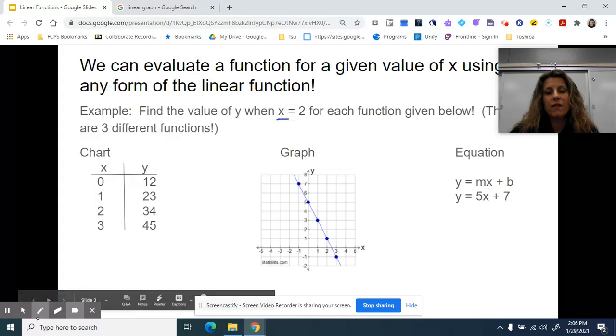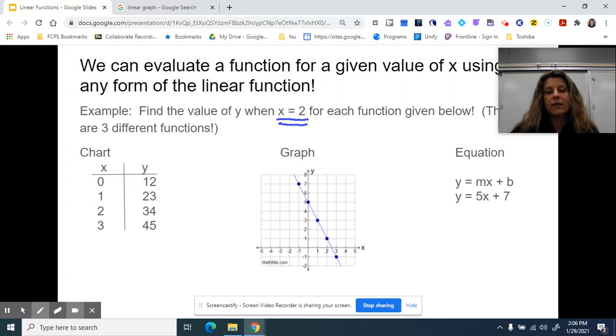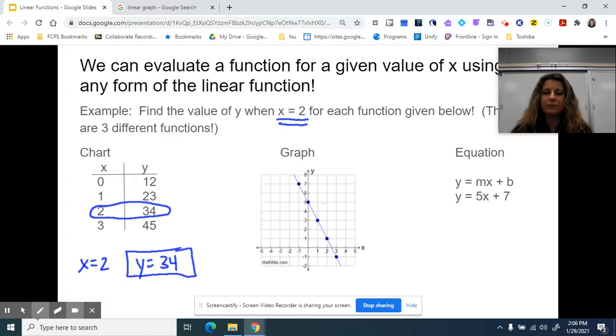We want to find the value of y when x equals 2. When it's given in a chart, we just go down to where x equals 2, right here, and see what y value is associated with it. For this chart, when x equals 2, y equals 34. So we found our answer, y equals 34.